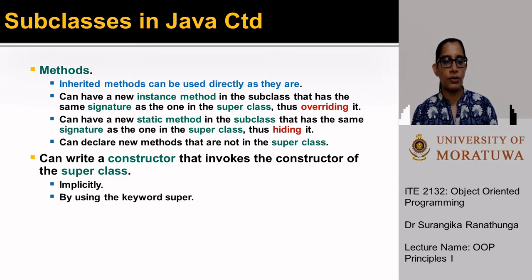However, if the superclass has a static method, the subclass may have the same static method signature as the superclass. In that case, we are hiding the superclass static method, which is not a very good practice. And just like with attributes, we can declare new methods in addition to the methods that we inherit from the superclass.